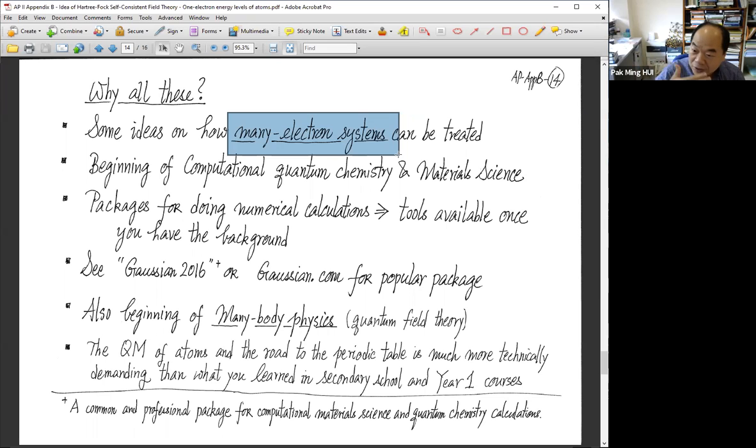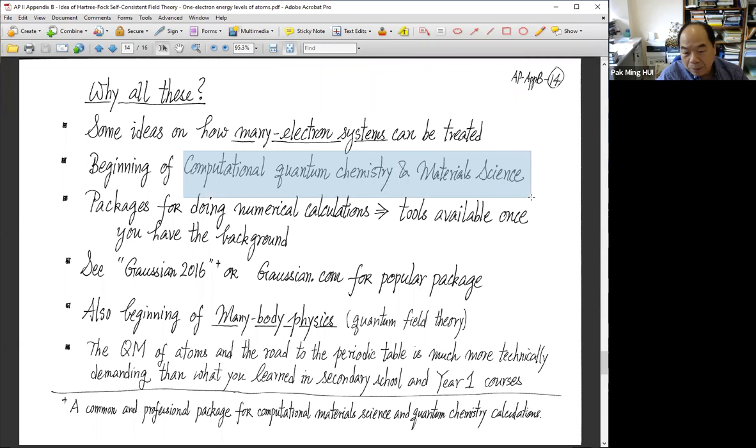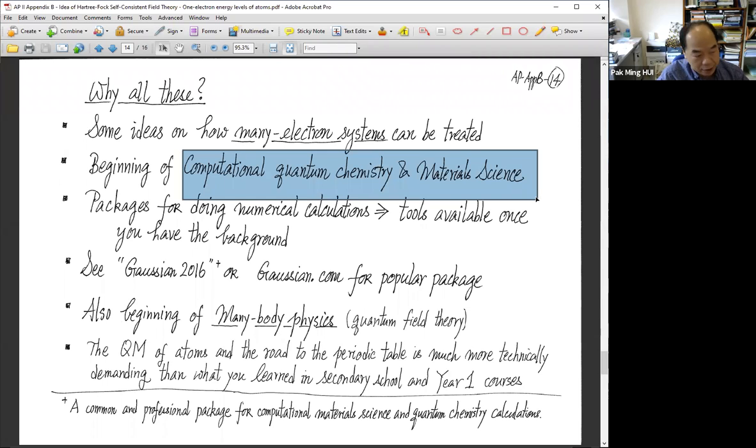And this self-consistent Hartree method is the beginning of some very big ideas, some very difficult calculations in how to do electron-electron interaction. It is also the beginning of computational quantum chemistry and computational material science.